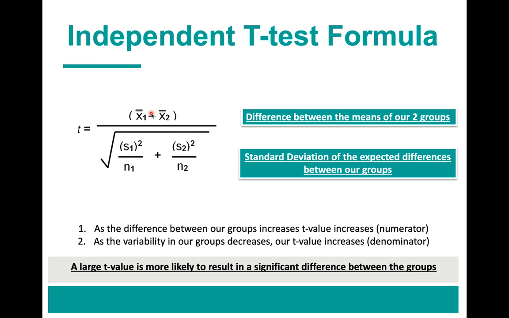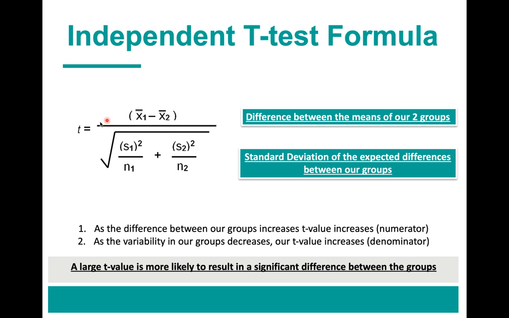So if our numerator is the actual amount of difference between our groups, and the denominator is the expected random amount of difference between our groups, then what we have with our t-test that will produce a t-value is a ratio of actual difference divided by expected difference.